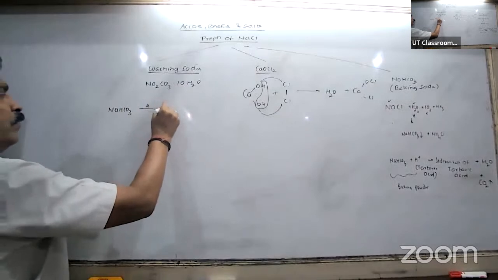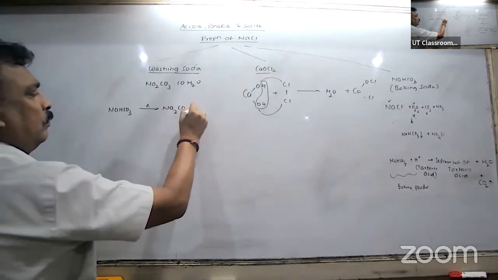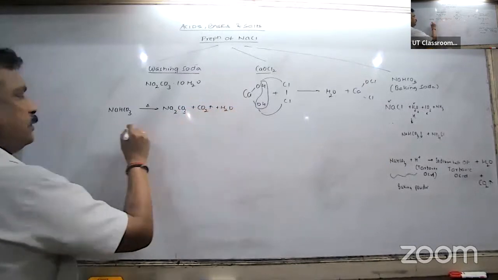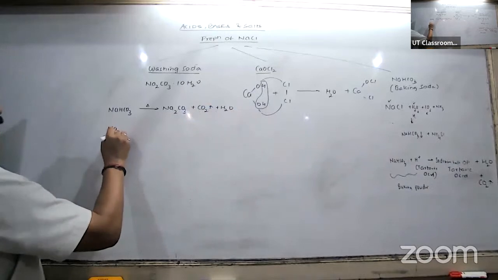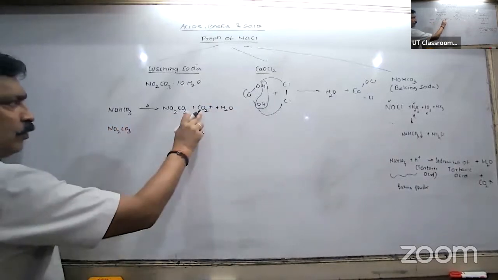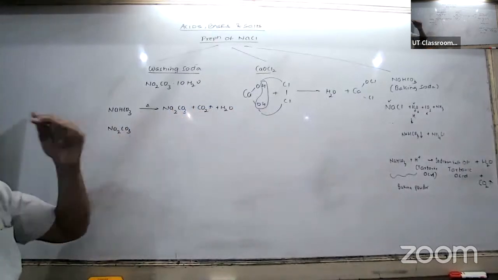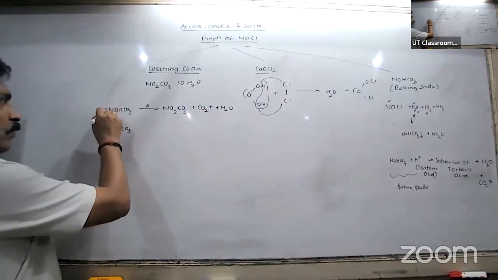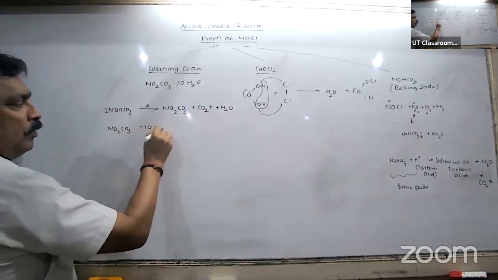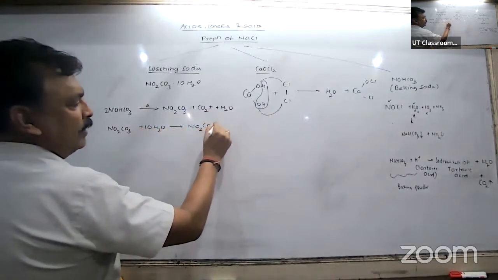On heating it decomposes to form Na2CO3 plus carbon dioxide plus water. The carbon dioxide goes out, you make the solution, and Na2CO3 will take up 10 water molecules: Na2CO3 decahydrate.